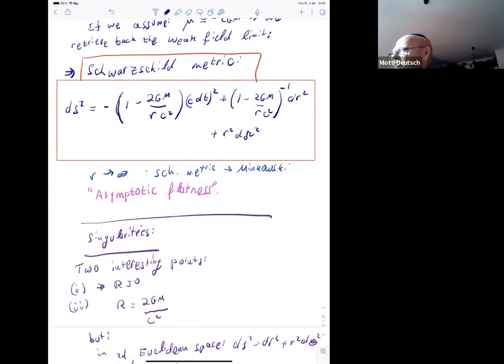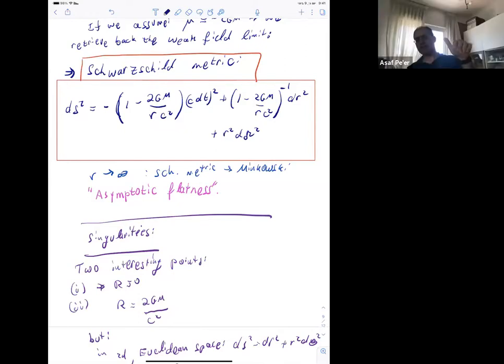Infinite gravity? No, you're not going to feel anything. You're simply going to cross this point and you won't feel anything, because nothing special happens to the metric there. You can simply cross it without even knowing.